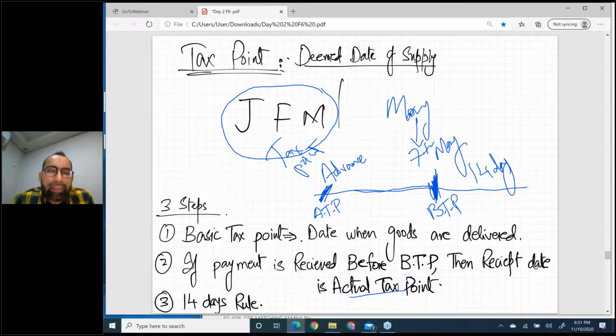Third step, again you come to basic tax point and check whether you have issued the invoice within 14 days of BTP. If yes, then the invoice issuing date will be your actual tax point. If no, meaning you are issuing the invoice late, trying to be very smart, then the tax department says don't be so smart, and your BTP will be your ATP.